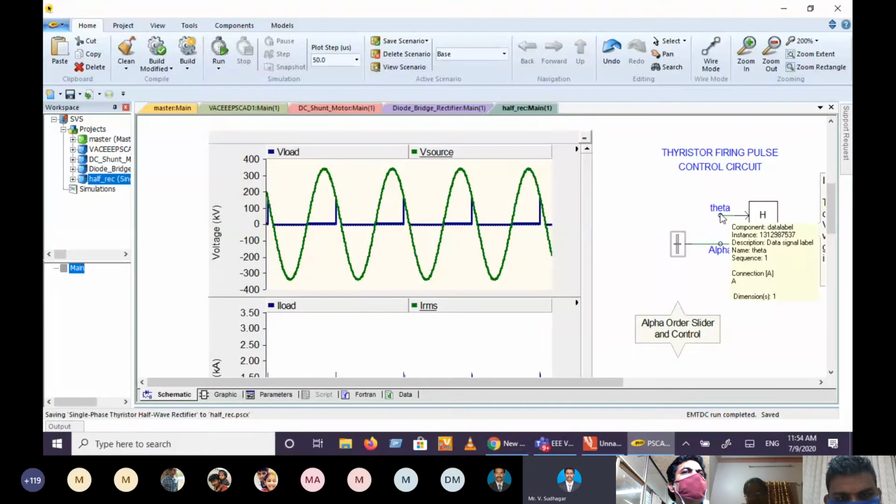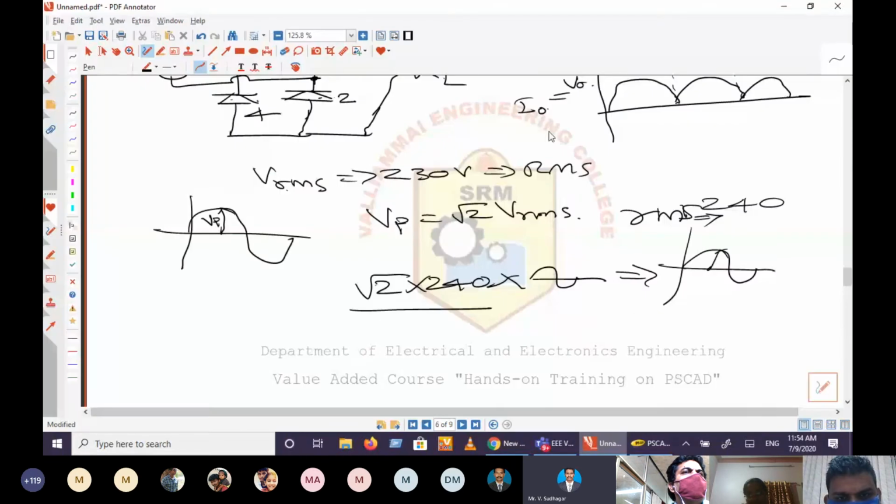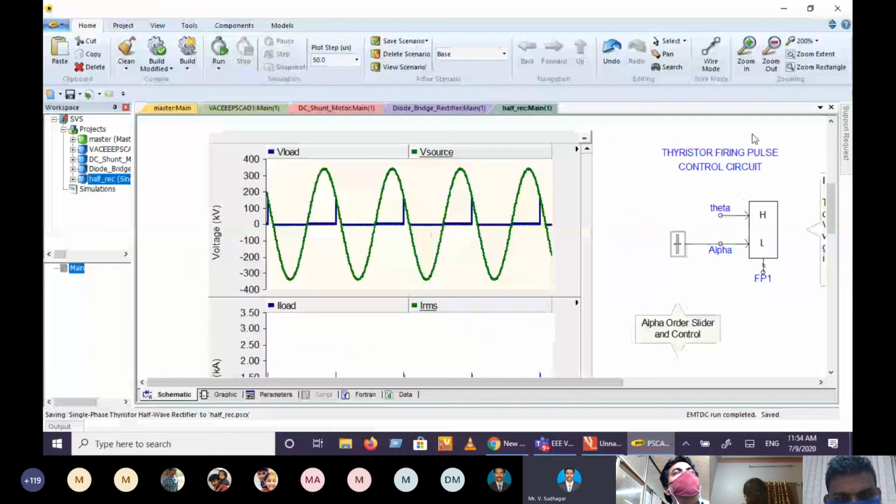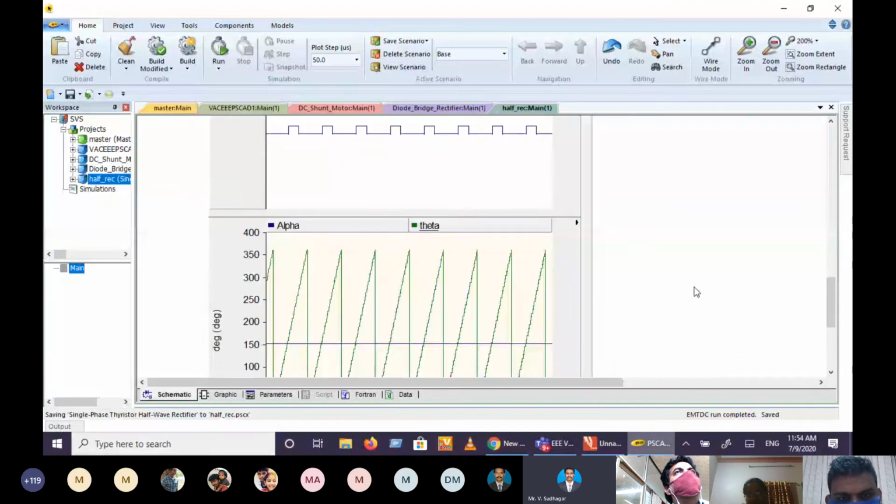Whenever this theta is crossing 0, we can generate the firing pulse after theta, right? So theta means the instances, these instances, positive half cycle, negative half cycle. These instances are measured with the help of theta. Then it is a very simple one.